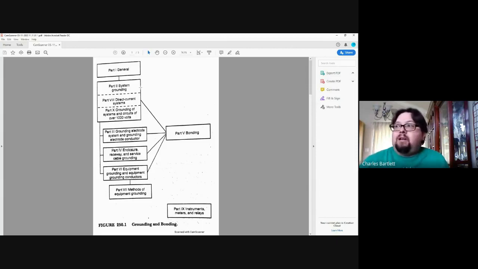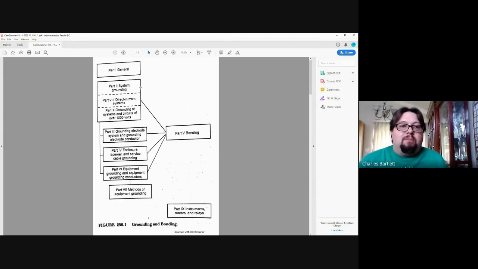But basically in section 2, we're talking about bonding jumpers, which is like when I go over this in class, I actually skim over it. And then when I'm going over grounding electrodes and equipment grounding conductors is when I put bonding jumpers back in there.